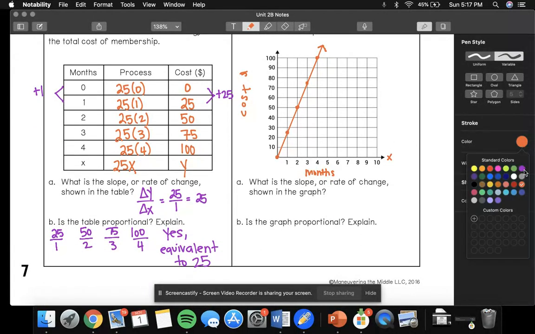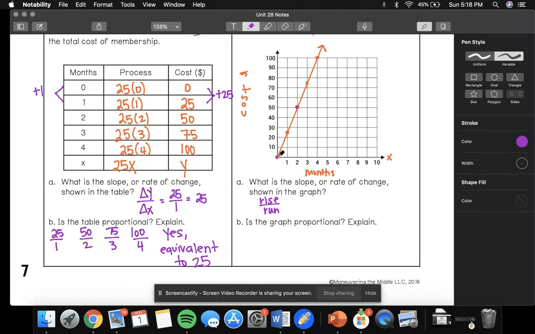The first question for the graph is, what is the slope or the rate of change in the graph? We've been talking about slope a lot, and the first thing we talked about with slope was the rise over the run. So we have to pick 2 good points and find the slope of them. Let's use this point.